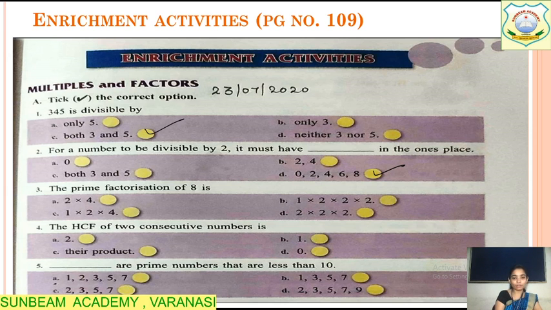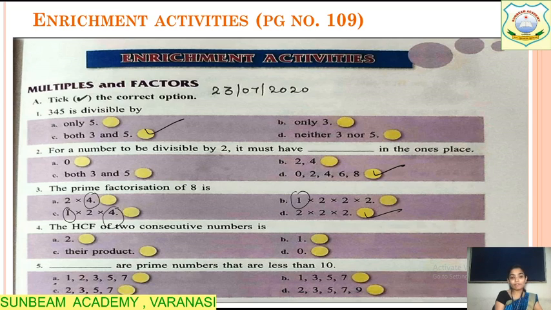Can you see that? Option D. Yes, there is. If you multiply 2 and 4, we are getting 8. But 4 क्या है? Composite number. So no. 1 is a unique number, 4 is composite number. So we don't have to write this. Prime factorization हम कैसे लिखते हैं? 2 multiplied by 2 multiplied by 2.